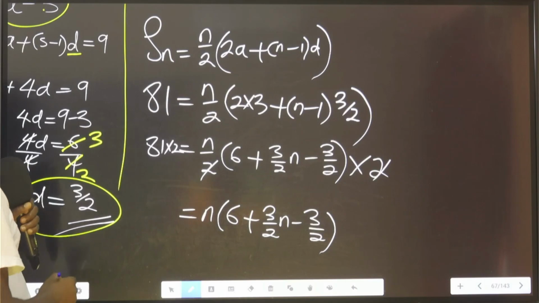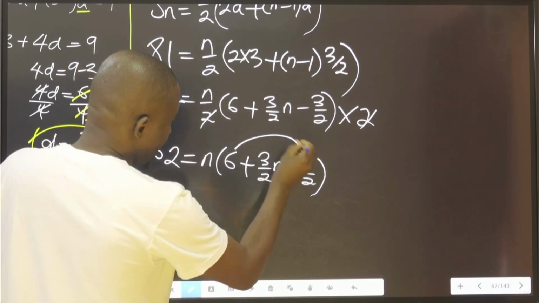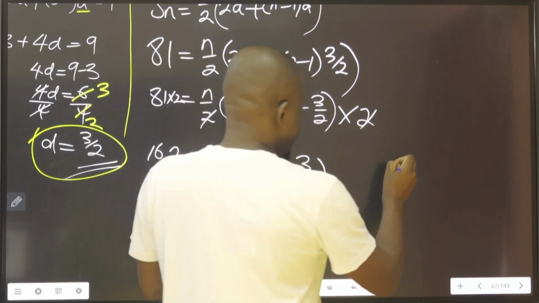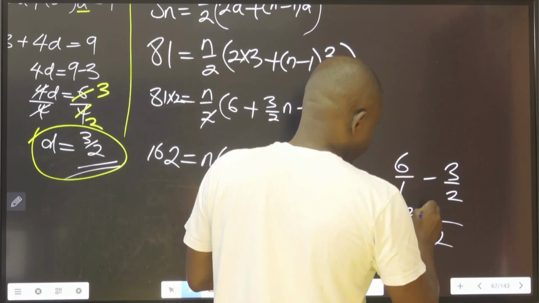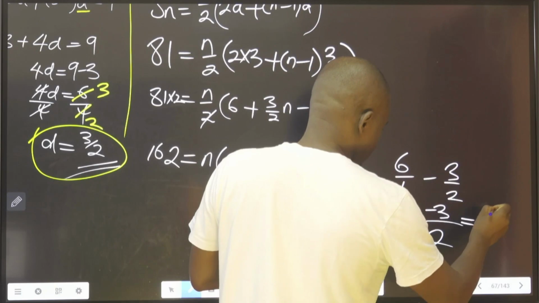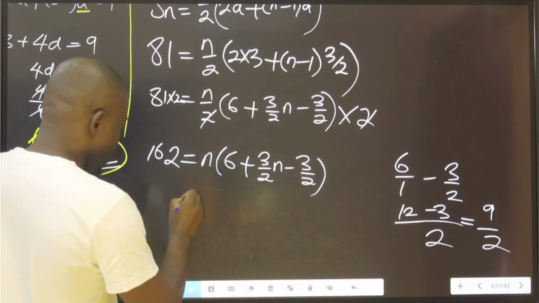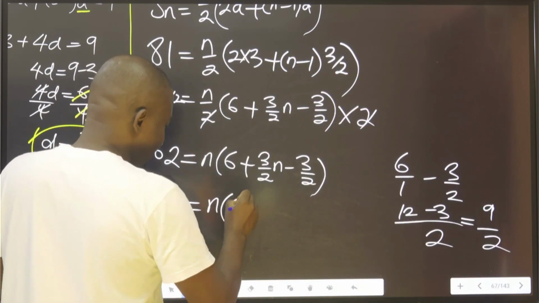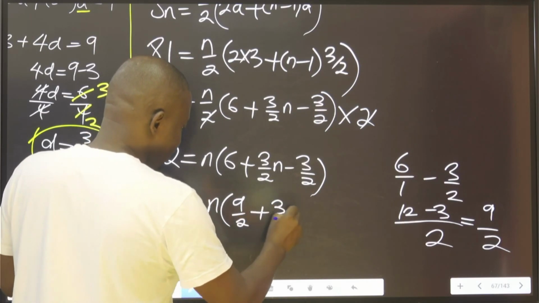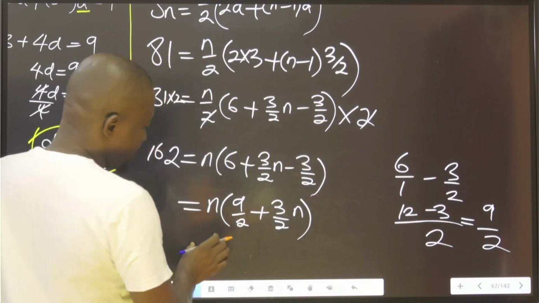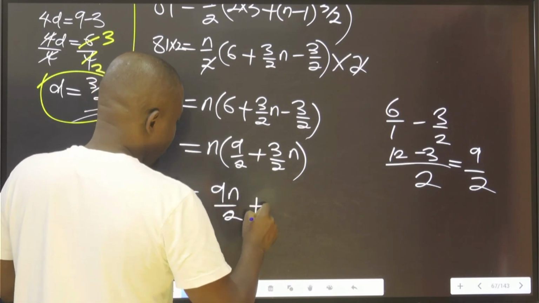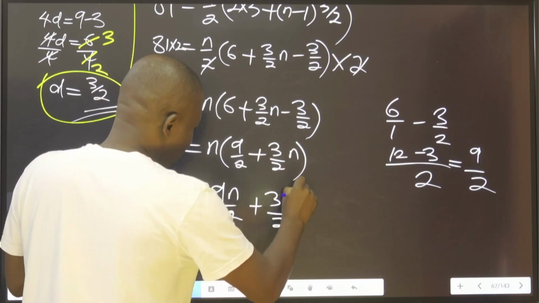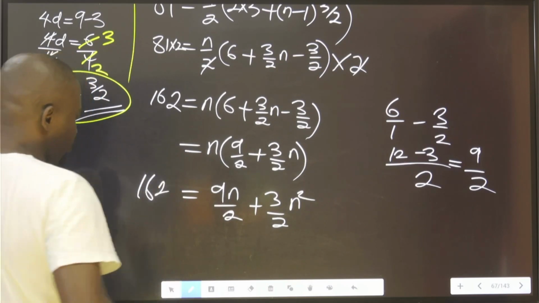This will be 162. We can work these two out. That is 6 over 1 minus 3 over 2. That is 12 minus 3 equals 9 over 2. So this equals n times 9 over 2 plus 3 over 2 n. We work this out to have 9n over 2 plus 3 over 2 n squared equals 162.